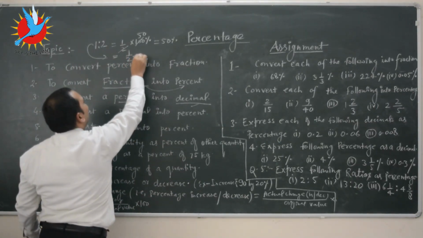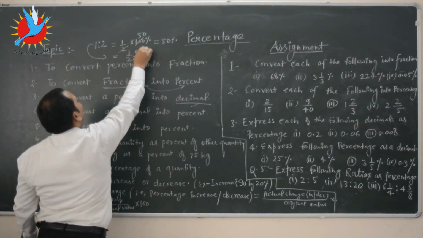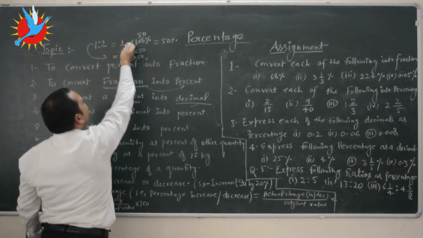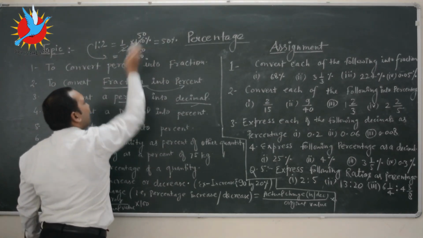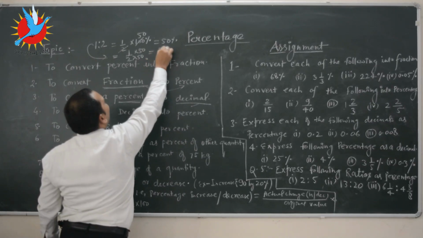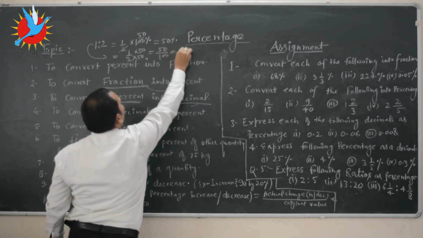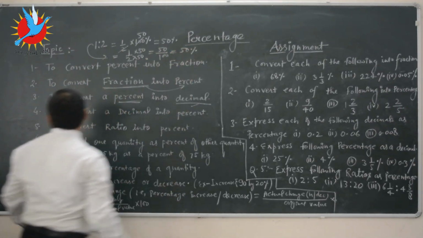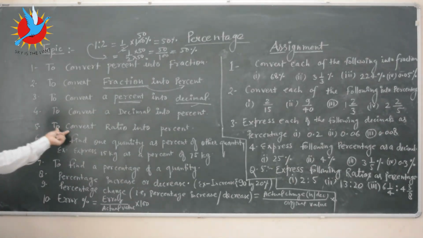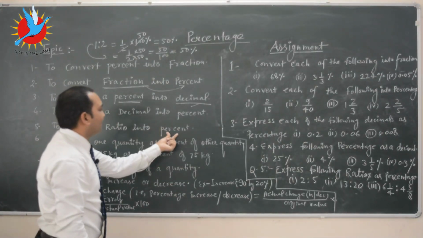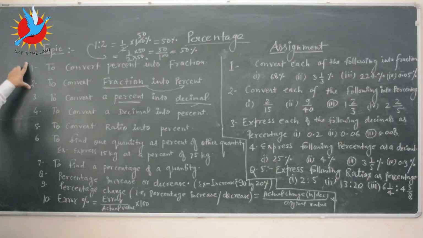Either we multiply by 50 in numerator and denominator, or just multiply by 100%. So here it will be 50 upon 100, which is also equal to 50%. So this is also how to convert a ratio into percent. So these 5 topics we already learned.